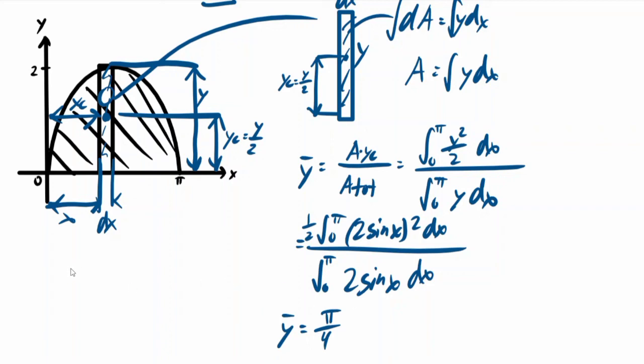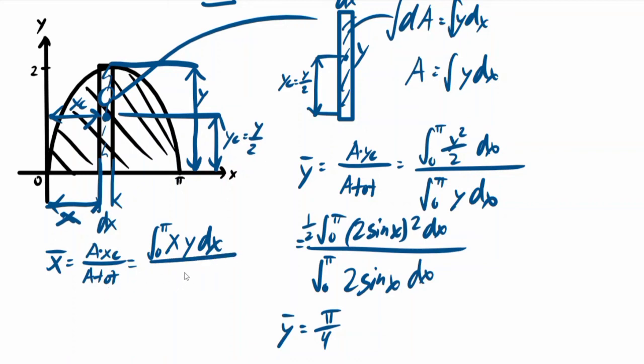Now this time for the x bar, we have this equals to A multiplied by xc over A total. So this is equals to limits from 0 to pi. We have x as our xc, since the length of the strip to the y-axis is just x, and then our A is y dx, all over A total, still the same, with limits from 0 to pi of y dx.